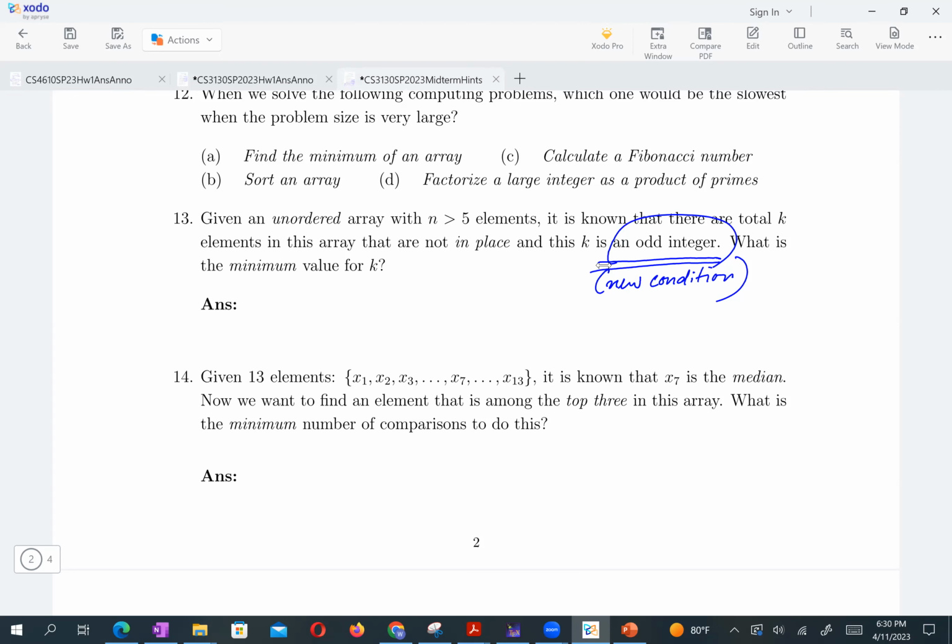Here I put a new condition, and you cannot select 2. So then you're almost there. Next question.